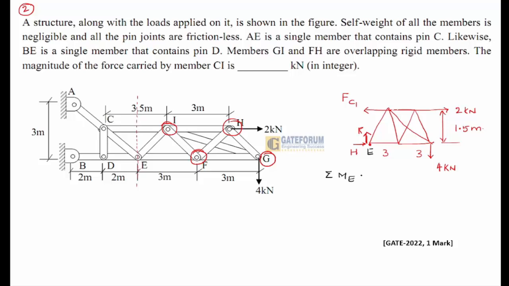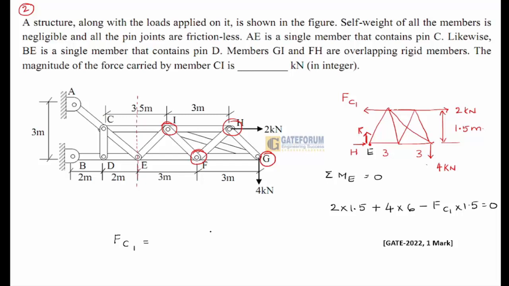Summation of moment about E should be equal to 0. Force of 2 kilonewton into a distance of 1.5 meter plus 4 kilonewton into a distance of 6 meter, and FCI in the opposite direction, that is minus FCI into a distance of 1.5 meter, should be equal to 0. From here, please check: 3 plus 24 minus 1.5 FCI equals 0.